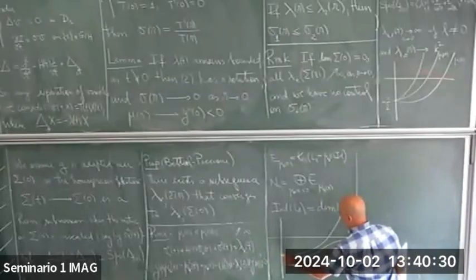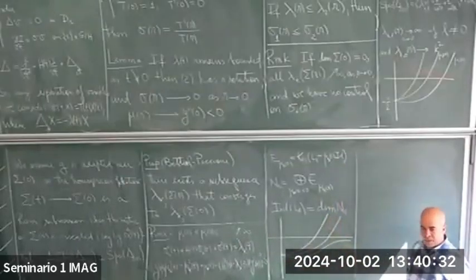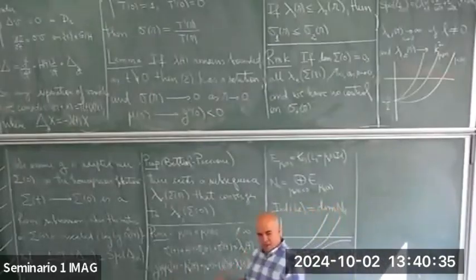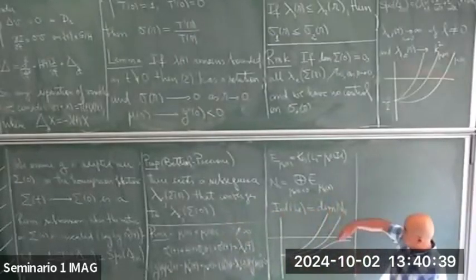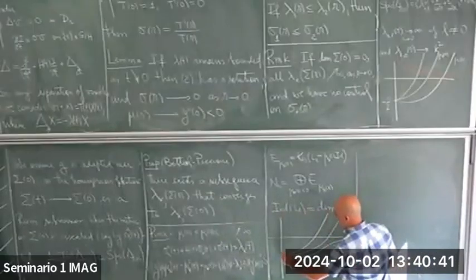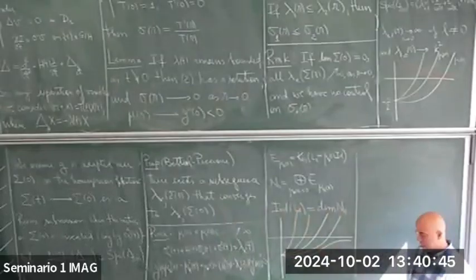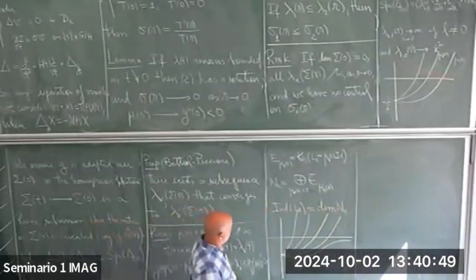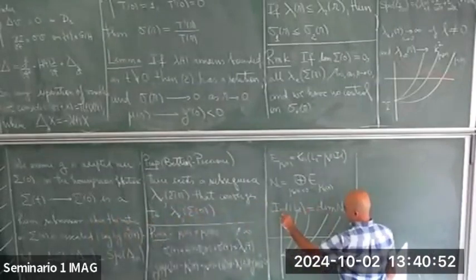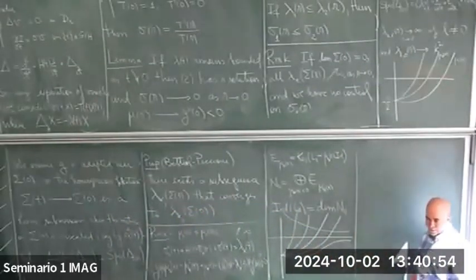I have another one, very nice, but the others converge to the same point, and there is a sequence. But we also have some eigenvalues like that, going to plus infinity.